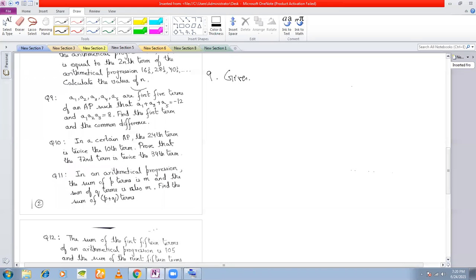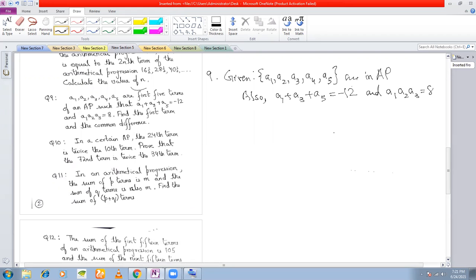So given here A1, A2, A3, A4, A5 are in AP, right? Also what is given? A1 plus A3 plus A5 is equal to minus 12. And A1, A2, A3 is equal to 8, right?